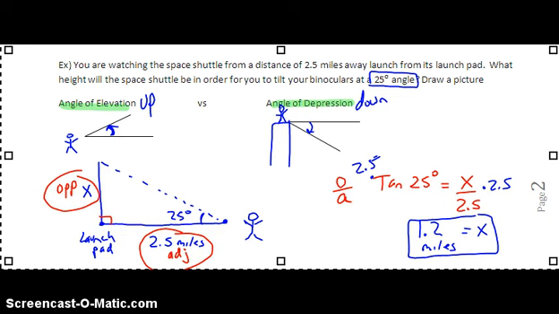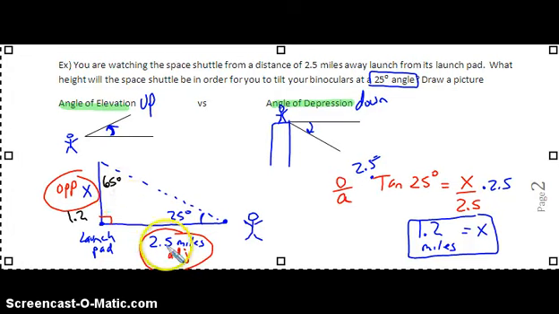If I'm not quite sure if my answer makes sense, let's think about this for a minute. If this is 1.2 and this is 2.5 and I'm dealing with my triangle, I know that if that's 90 and that's 25, then the other angle in my triangle here would be 65 degrees.